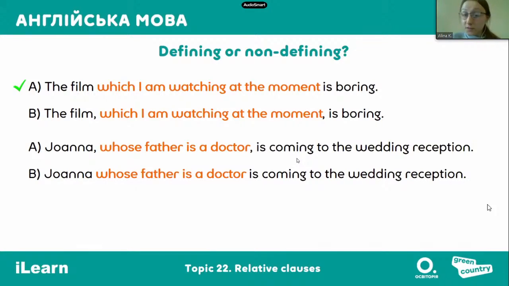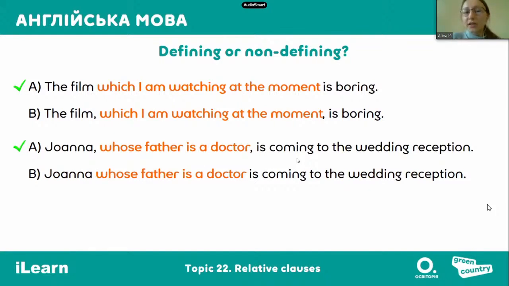Great, guys. Let's go to the next one. Joanna, whose father is a doctor, is coming to the wedding reception. So is it A or B? Can we omit this relative clause or not? Will it be defining or non-defining? Yes, we can omit it, yes, because the meaning of the sentence is that Joanna is coming to the wedding reception.